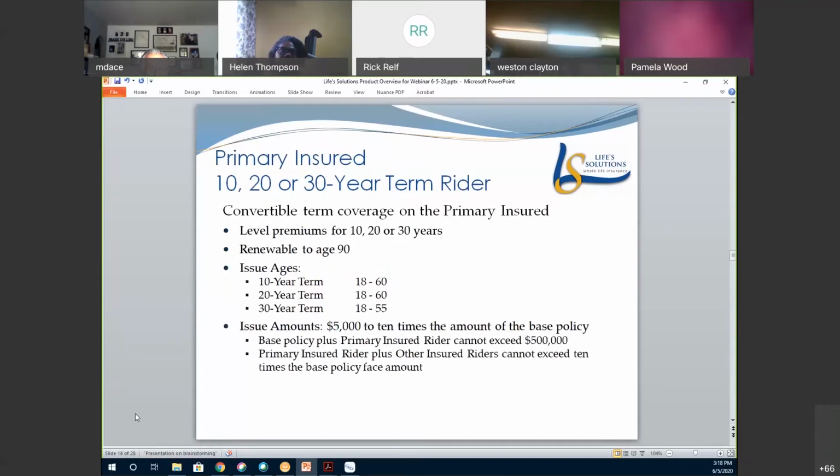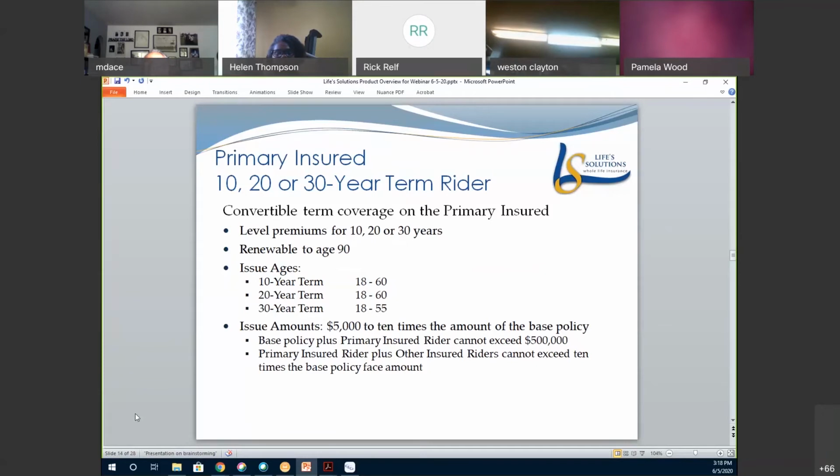Okay, primary insured rider. So as I mentioned earlier, suppose I wanted to buy a policy and I buy a 50,000, but I wanted more coverage, but I bought 50 of the whole life. Now I'm going to buy 50 of a rider. I could have a 10-year, a 20-year, or a 30-year rider. So we have that kind of flexibility built into this.